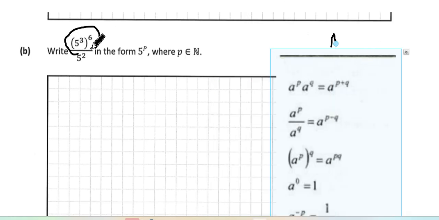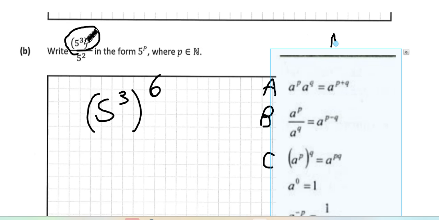What rule does this look like? A, B, or C? No, sorry, just the circled part, not the full thing, just the circled part. This part here, does it look like A, B, or C? Why does it not look like A? There's 2 big numbers and 2 small numbers.